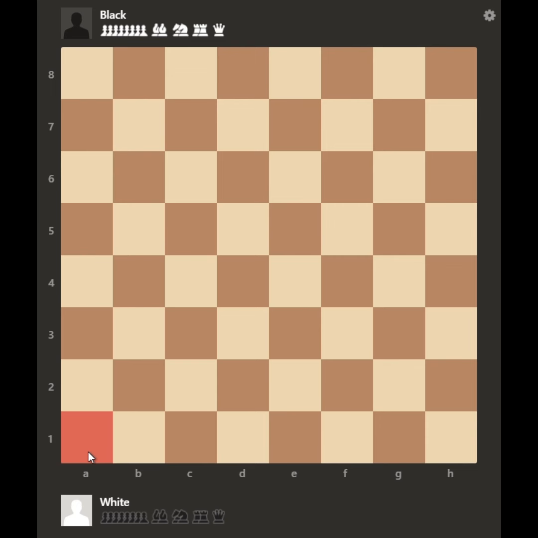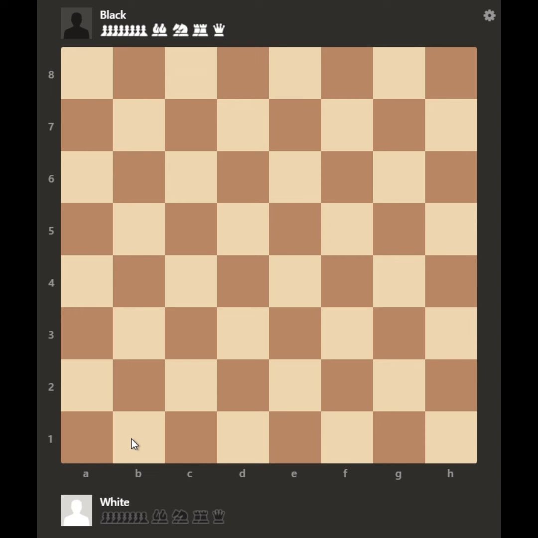We know that it is in a file, and its rank is 1, first rank. So its notation is a1. First we write the file name and second we write the rank. Here file name is a, rank is 1, therefore the notation is a1.